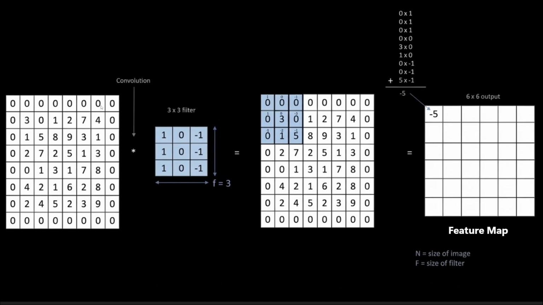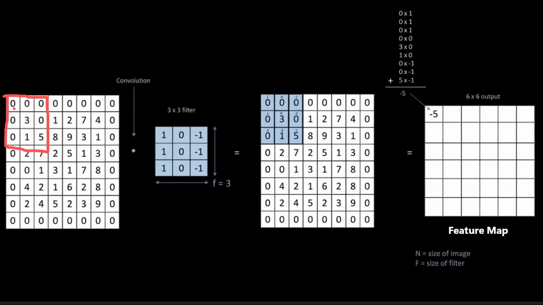So let us see how this is actually calculated in computers. We have this image, we have this filter. This filter looks at a small portion of the image and multiplies element-wise, and then we add each of the multiplied results.